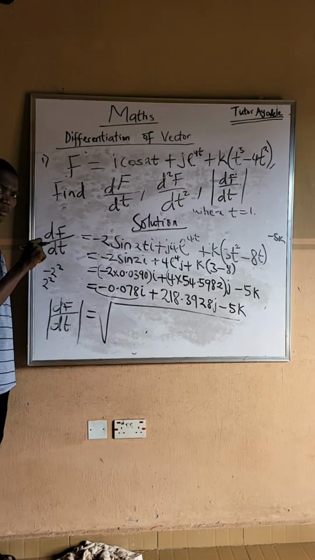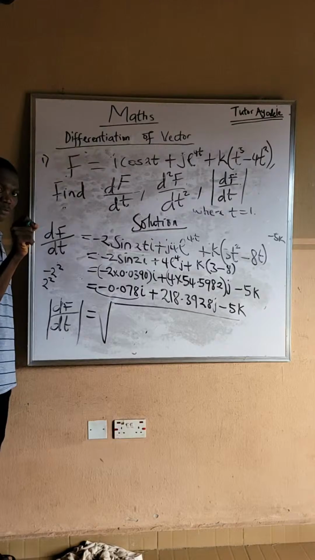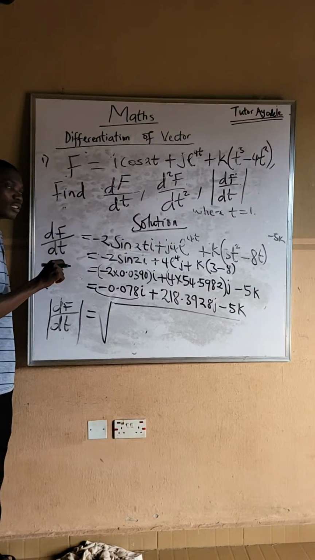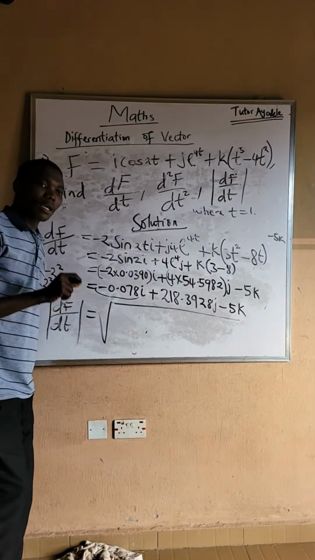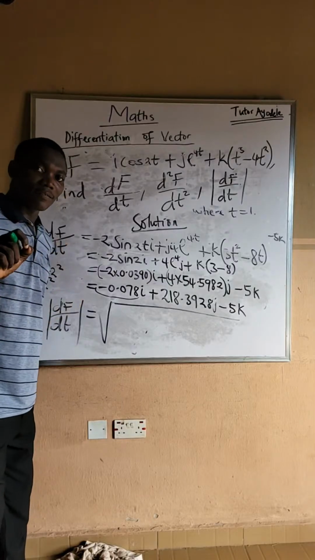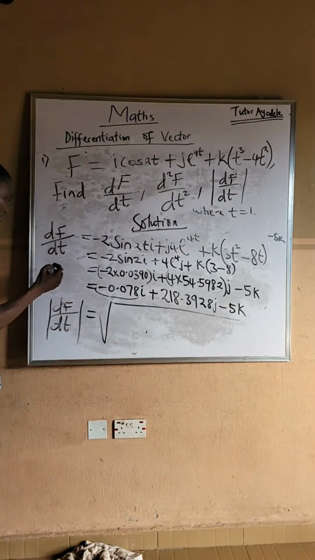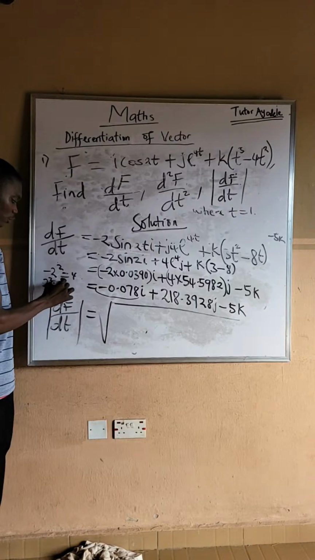What do I mean by even number? Even numbers are numbers that can be divisible by 2. We have 2, 4, 6, 8, 10. So minus 2 squared and 2 squared will give you the same answer. This will be 4 and this will also be 4.